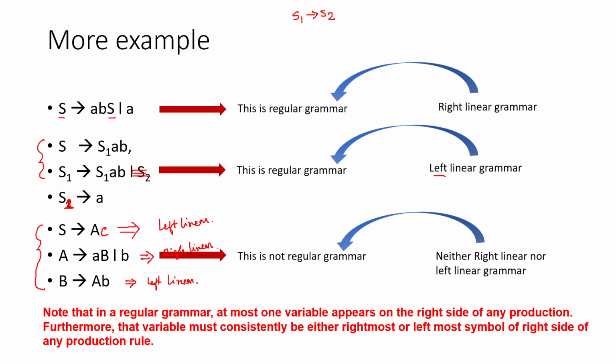But what we can say? The grammar is a linear grammar. But you don't misjudge that this is not a regular grammar. This is also a regular grammar. This one is also regular grammar. I'm sorry, I had a mistake. It's obviously regular, we have seen that.